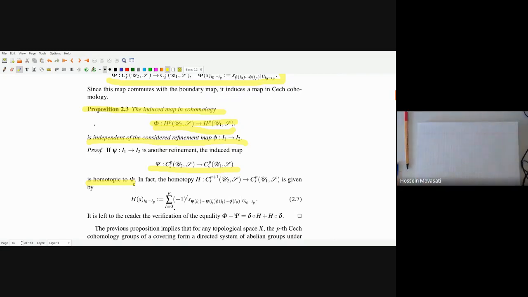So the idea is that I want to choose different refinements, and I want to show they induce the same map in cohomology. Next I am going to explain what it means that psi is homotopic to phi.